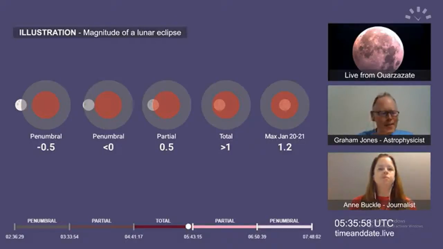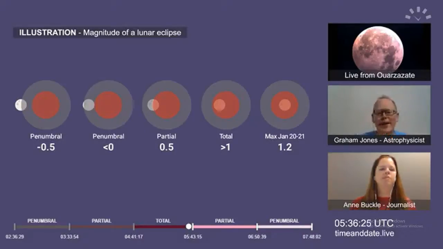In fact, here we are, about 8 minutes away from the end of totality. Tonight, totality will be lasting 62 minutes in total, and that is considerably shorter than when we were here 6 months ago for the total lunar eclipse of July 2018.